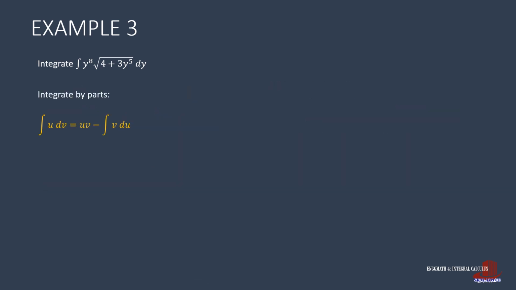Now proceed to integration by parts, where u times v becomes y raised to 4 times 2 over 45 times the quantity of 4 plus 3y raised to 5, raised to 3/2, and then the integral of v du is 2 over 45 times the integral of the quantity 4 plus 3y raised to 5, raised to 3/2, times 4y cubed dy.